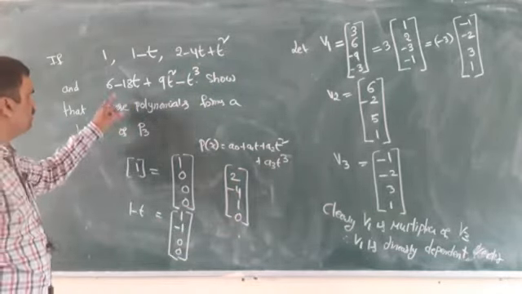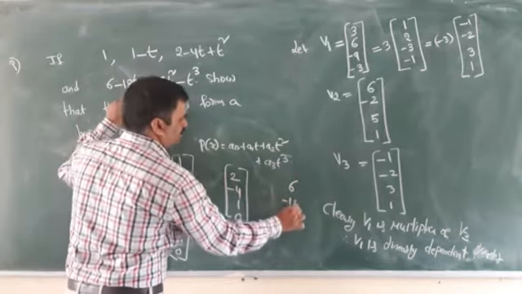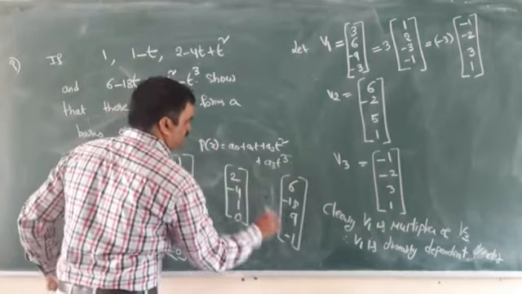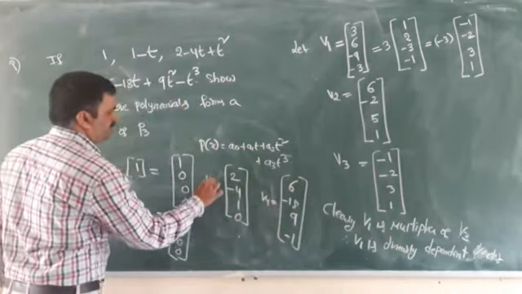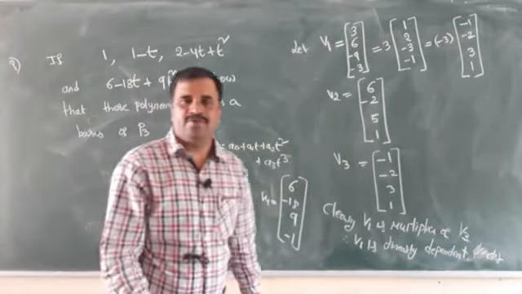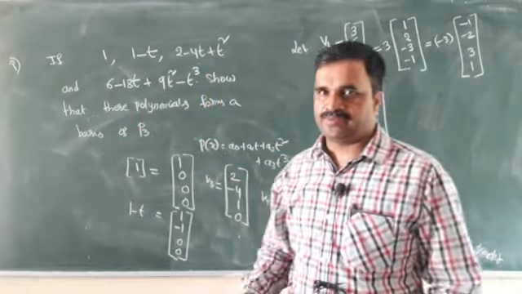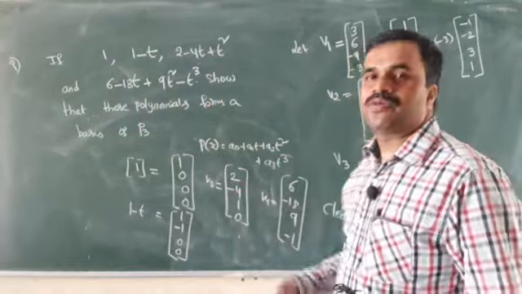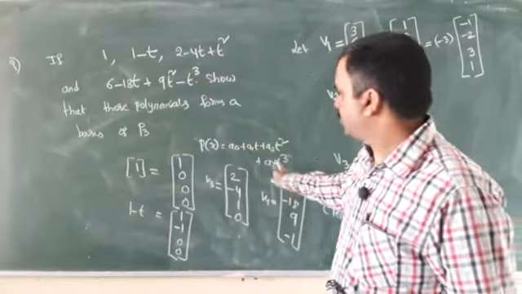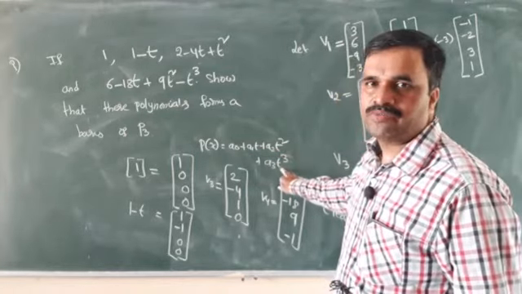And the fourth vector you can also write: 6, minus 18, 9, minus 1. Like this we have 4 polynomials, V1, V2, V3 and V4. These 4 polynomials are converted to 4 vectors with the help of the standard basis, writing the constant, coefficient of t, of t square, of t cube.